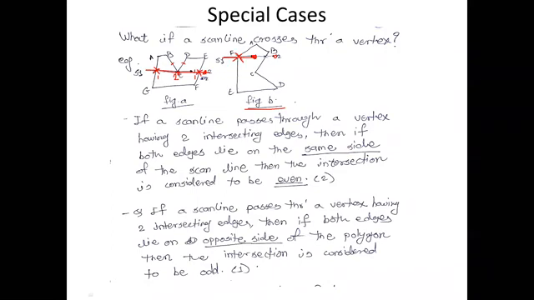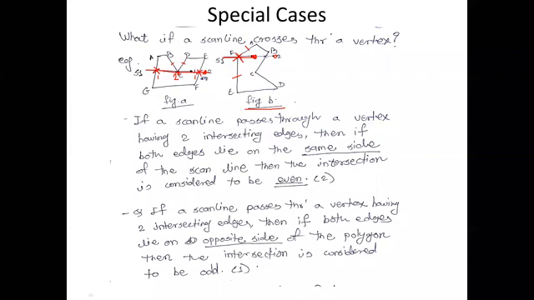But in this case, this F vertex is common for which edges? Edge AF and edge EF. Okay, so these are the two edges for which this vertex F is common. But now in this case, both of these edges AF and EF are lying on different sides of the scan line. Here, for this particular vertex C, both these edges are lying on the same side of the scan line.